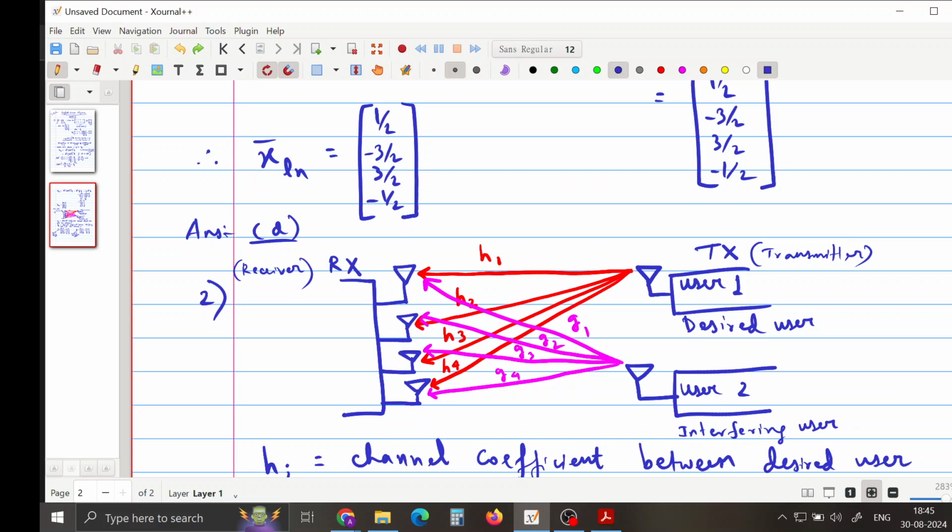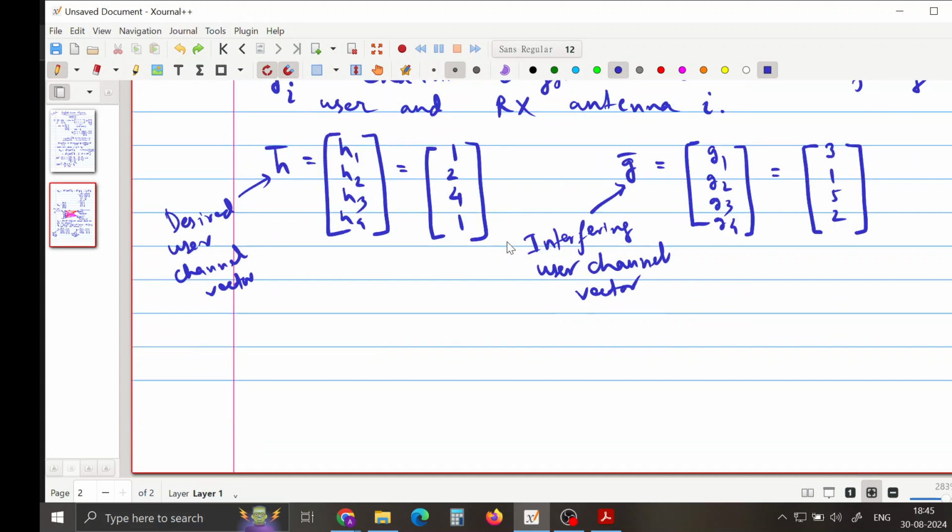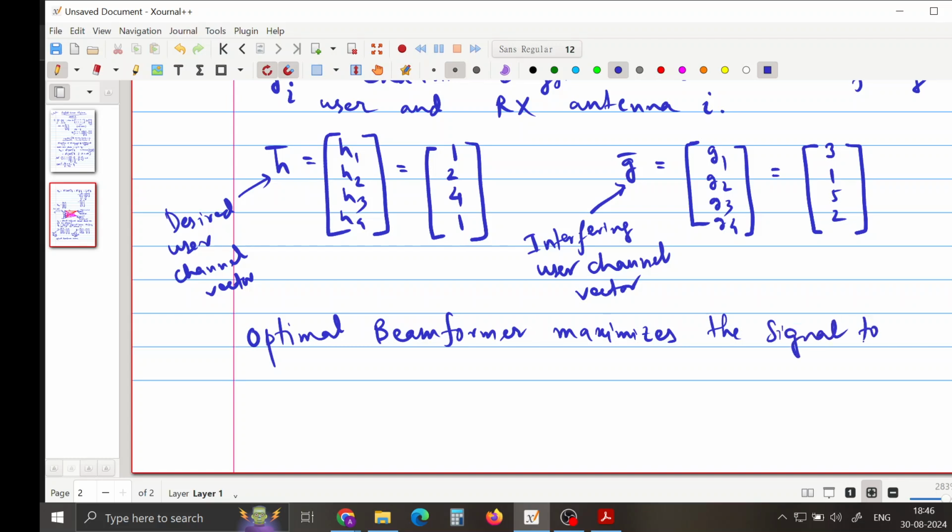I'm not going into the theory, because we have seen it. The key point to remember is that the optimal beamformer is chosen such that it maximizes the signal to interference plus noise ratio, or SINR.